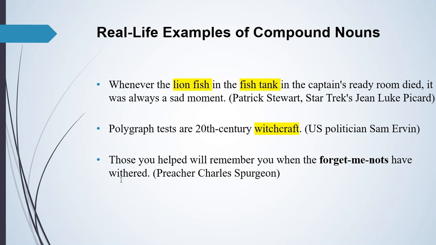The first one is a compound noun with spaces: whenever the lionfish in the fish tank in the captain's reading room died, it was always a sad moment. One more, we talk about a polygraph test in the 20th century, with witchcraft. This is also a compound noun without spaces.